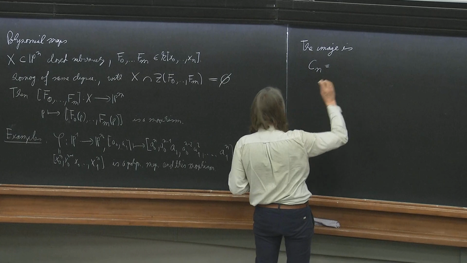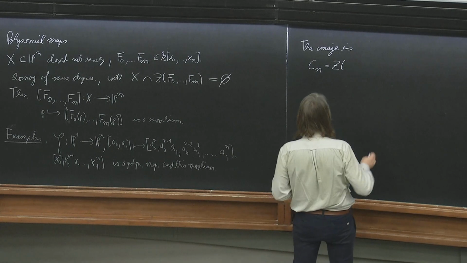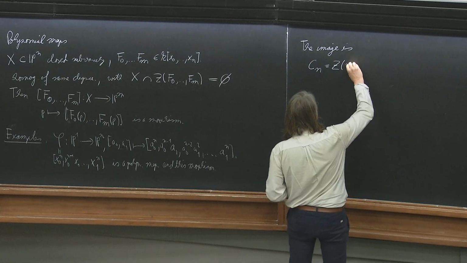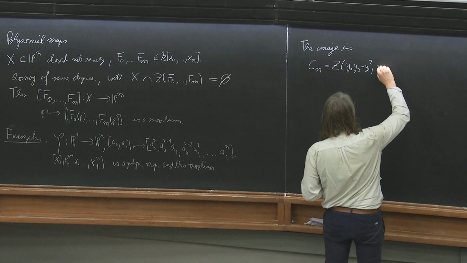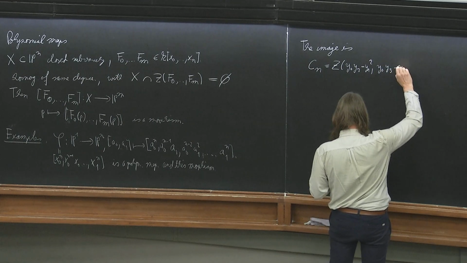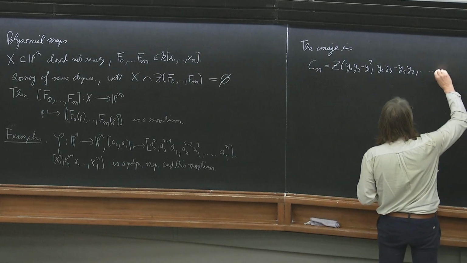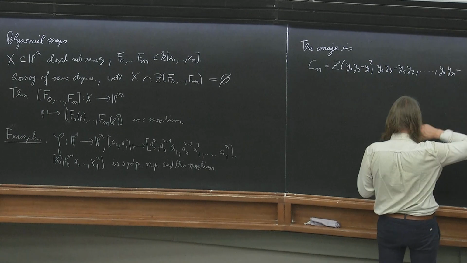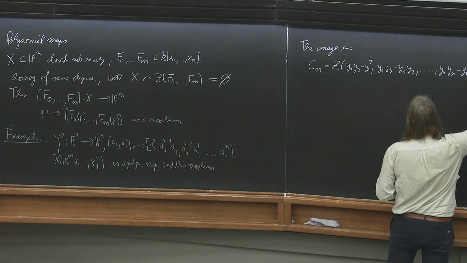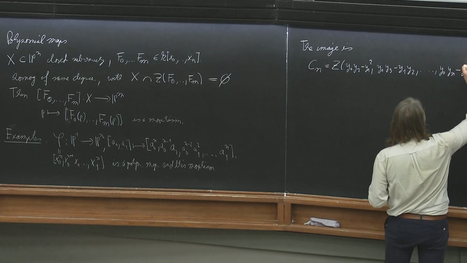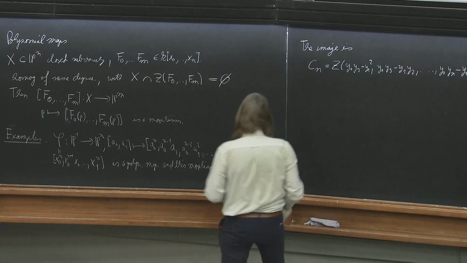This is the zero set of, so I first write it down, y0 y2 minus y1 squared, y0 y3 minus y1 y2, and so on, y0 yn minus y1 yn minus 1. Take the zero set of these polynomials. So why would this be the image?